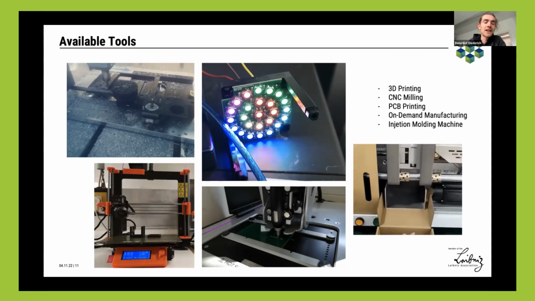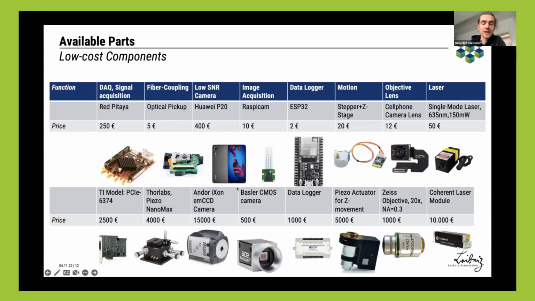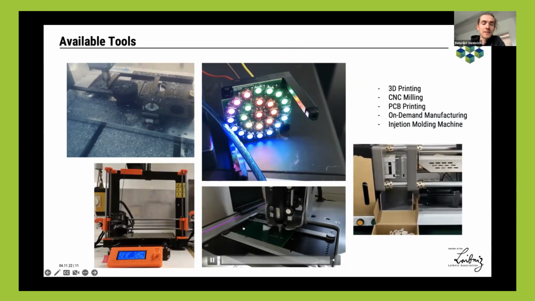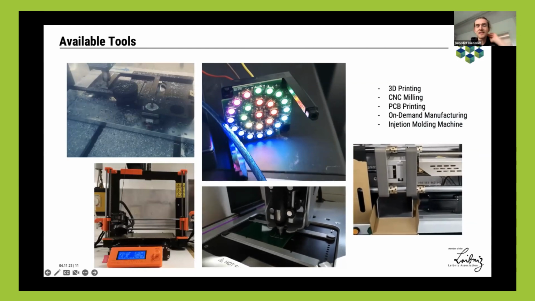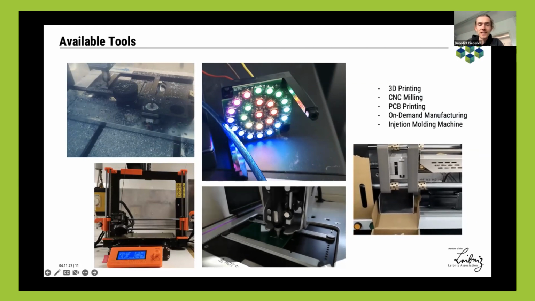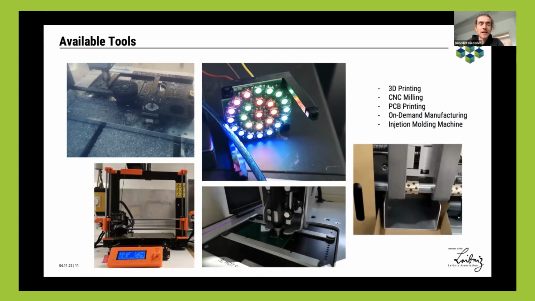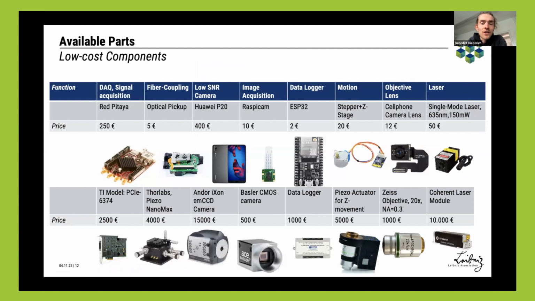You have 3D printers, and nowadays also PCB printers. All these things, even injection molding machines, really support your idea of creating hardware devices now in a very standardized way. In addition, you have lots of different parts that are becoming cheap, and also quite nicely documented, because many people from different fields contribute to the open hardware mission.